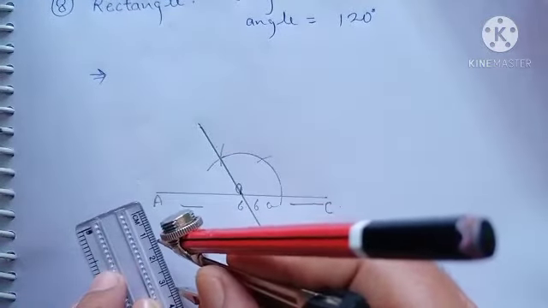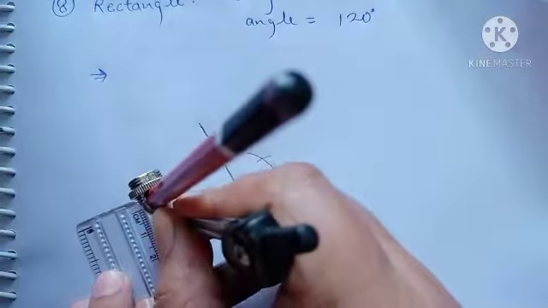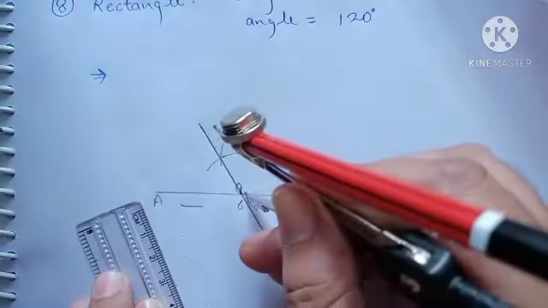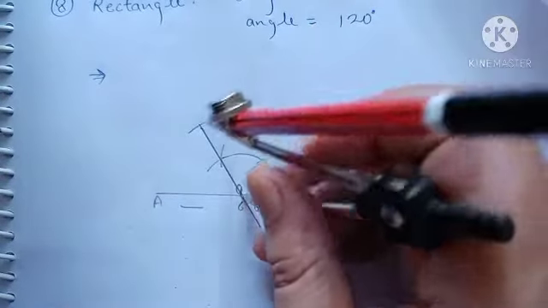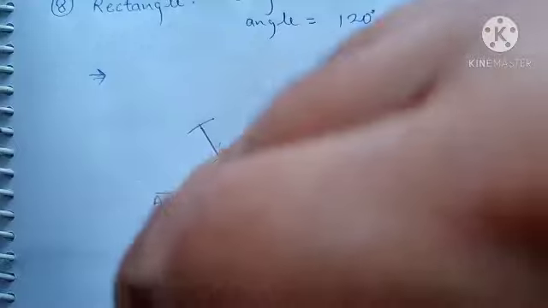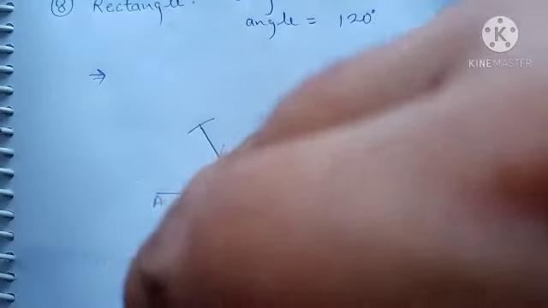So we will take 3.3 centimeter as radius and O as center, and we will cut it at 3.3 centimeter. On the opposite side we also cut it at 3.3 centimeter.